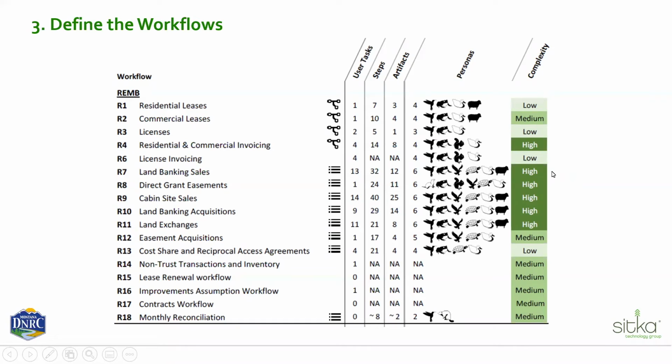This is really helpful to come up with an estimate for what it's going to cost to implement these workflows, but it can also be a really important internal tool. If you have a process that maybe isn't really solidified, this is a good opportunity to bring everyone together and create an ideal vision for the future. How do we want to do this process going forward?